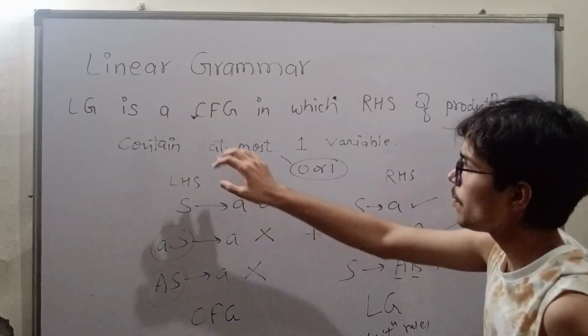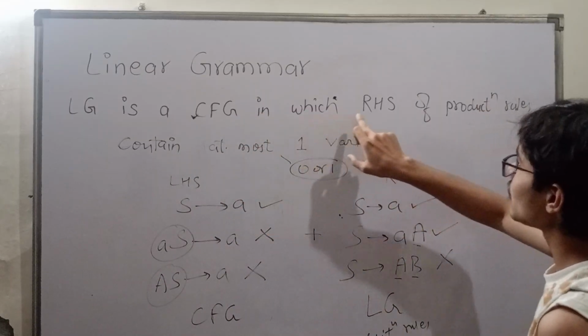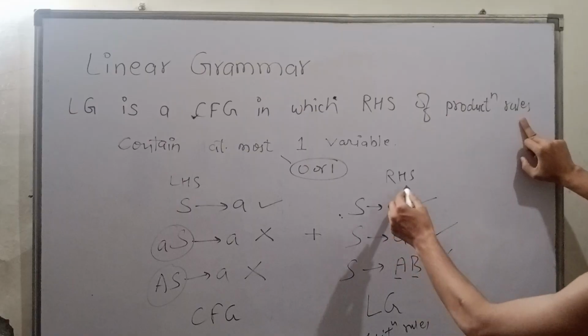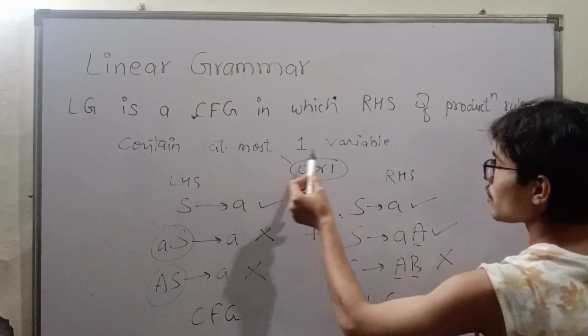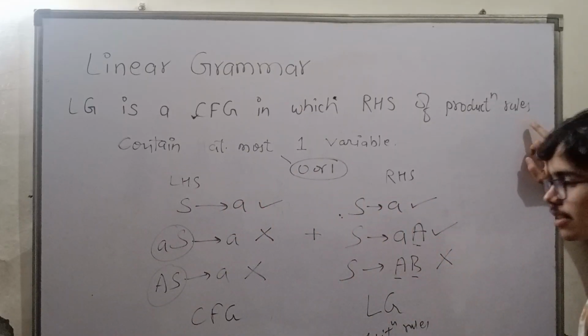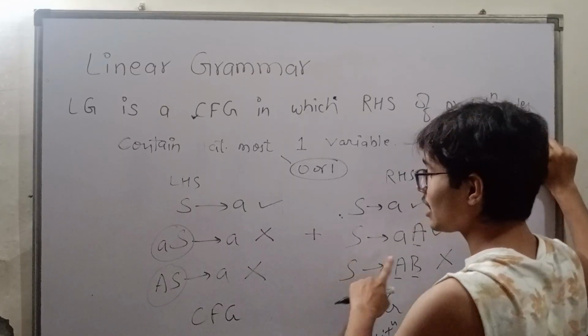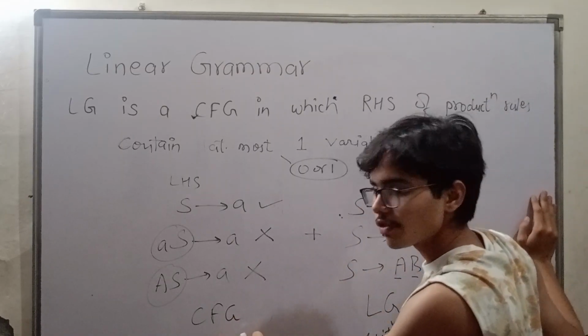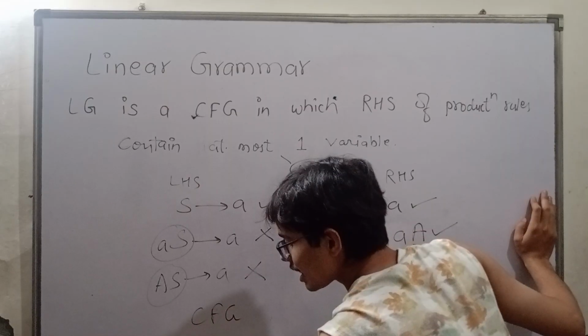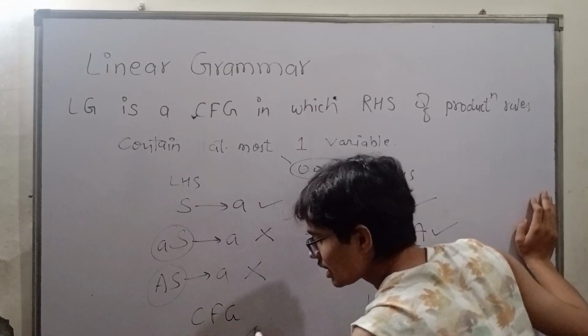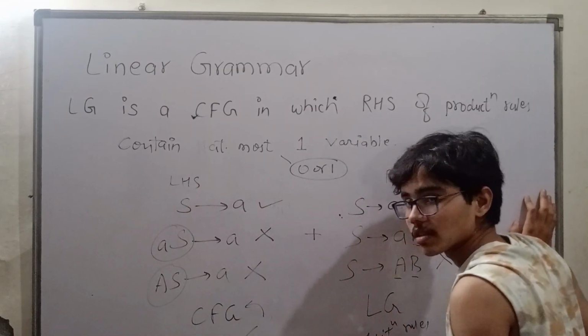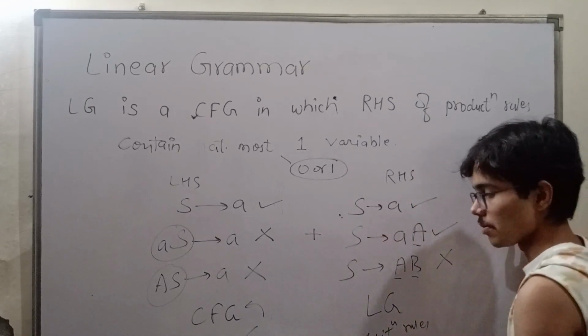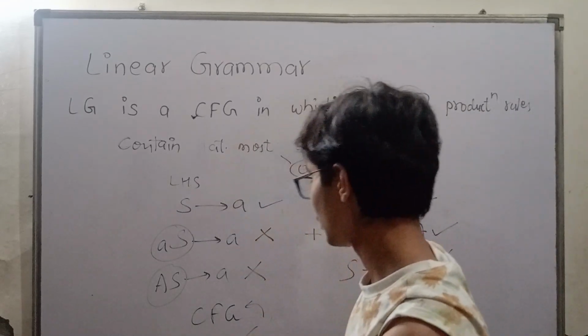The RHS of the production rule contains at most one variable. This rule is not present in context-free grammar. In context-free grammar, you can write S to AB. This is right in context-free grammar, but this is wrong in linear grammar. So simple thing.